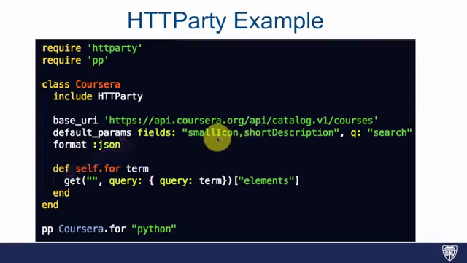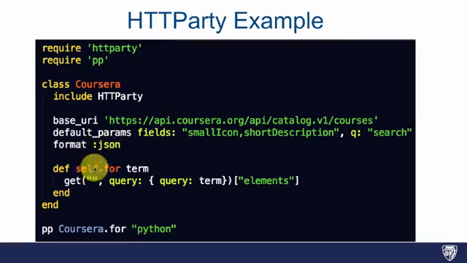In this case, it's just small icon, comma, short description. And we also want to tell it that we're going to be searching the Coursera web service. So we specify the q request parameter of search. Okay, so that's our default params. And lastly, we want to tell HTTParty that the stuff we're getting back from Coursera is actually in JSON format as opposed to XML.